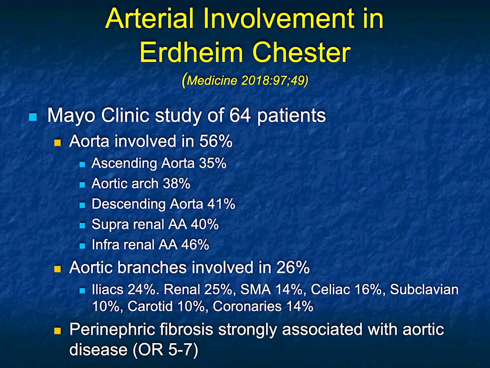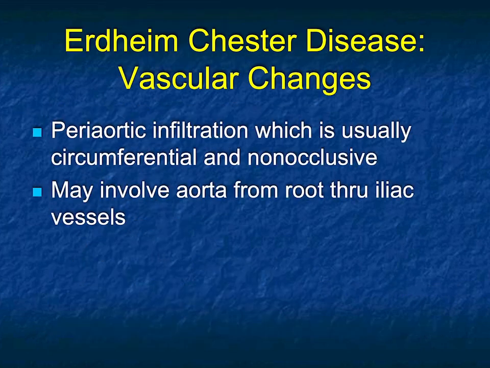Erdheim-Chester disease, here was an article from the Mayo Clinic. Aortic involvement, ascending aorta and arch, descending aorta. The aortic branch vessels can be involved, and this perinephric infiltration with aortic disease allows you to make the diagnosis. Again, emphasizing periaortic infiltration, which is usually circumferential and non-occlusive, as you would think about in retroperitoneal fibrosis.